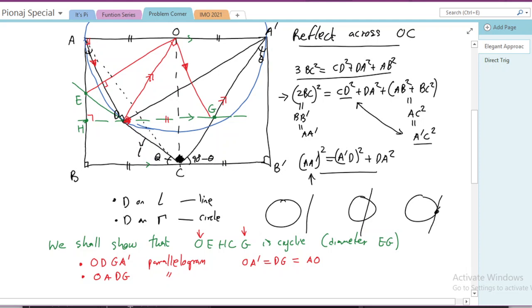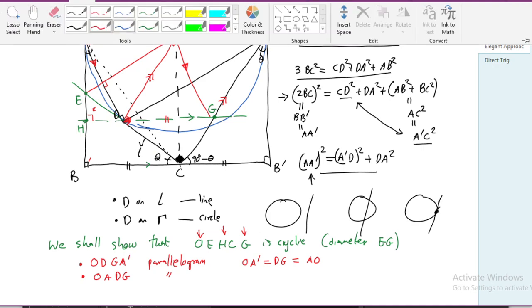So as these two angles are equal, they are both 90. So we get 90 at H. That means if we draw a circle with diameter EG, H will lie on it because of the right angle at H, O will lie on it, and C will also lie on it. So we get this nice circle.